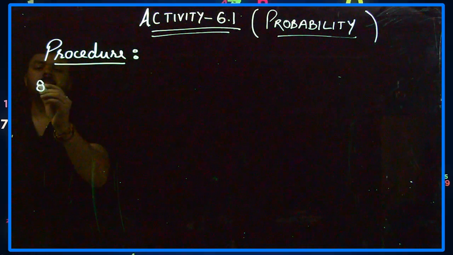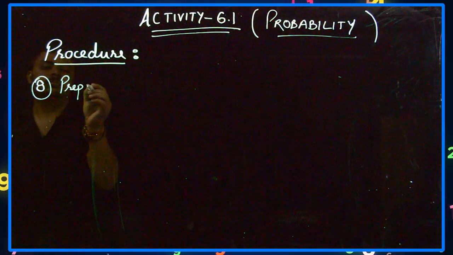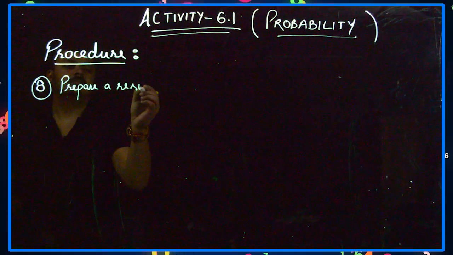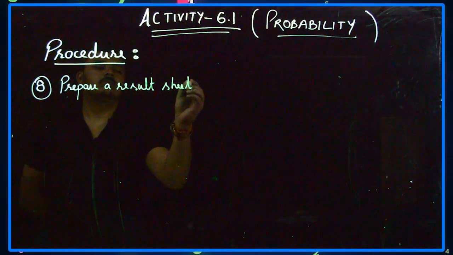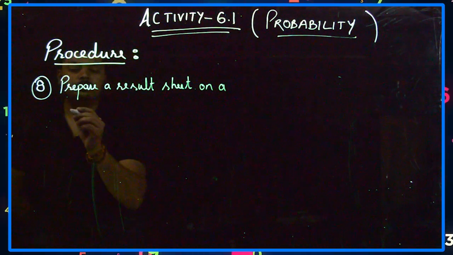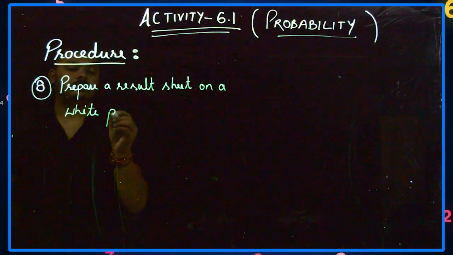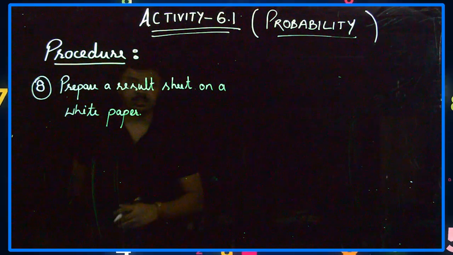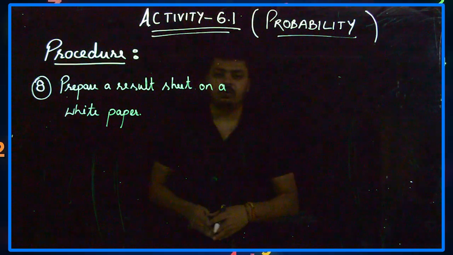Step 8. Prepare a result sheet on a white paper. Result sheet of the observations we have obtained by selecting the cards one by one without replacement.